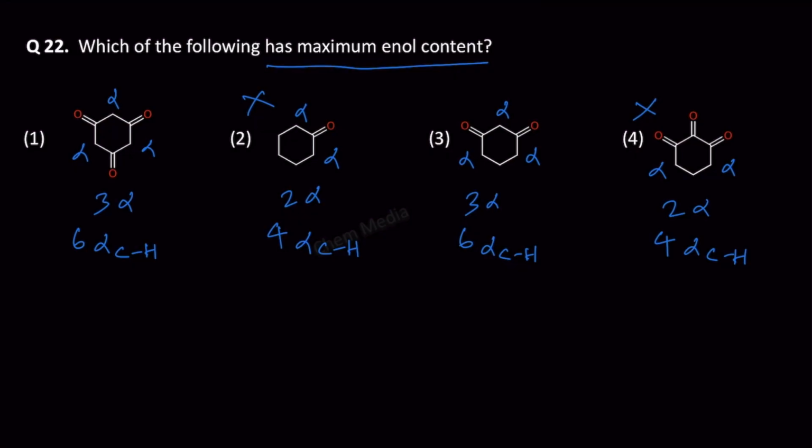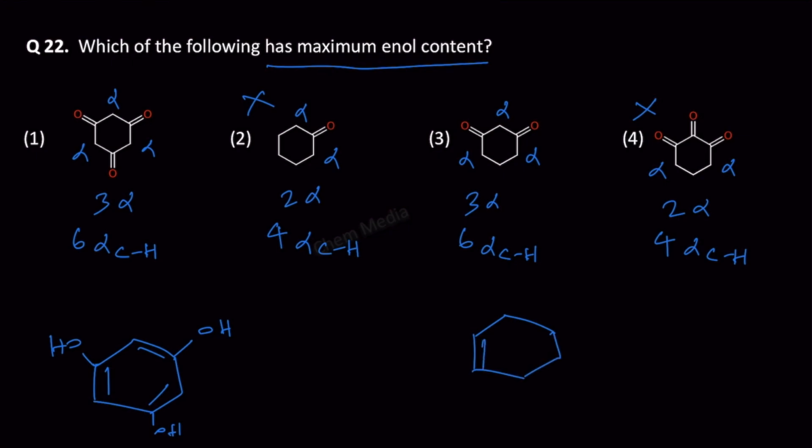In the case of 1, what will happen is the enol form would be much more resonance stabilized than the other one. So this is a much more resonance stabilized form compared to what happens here.